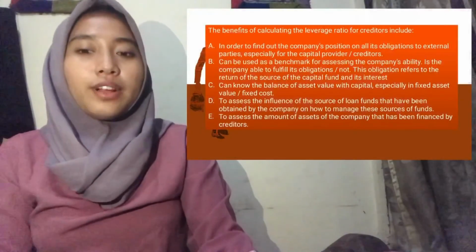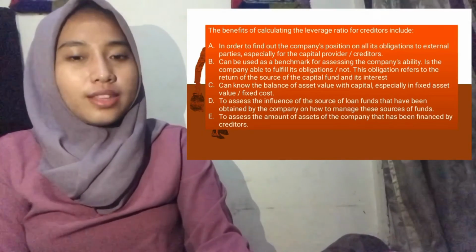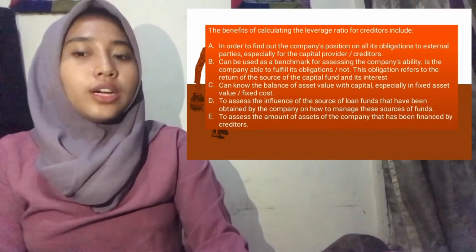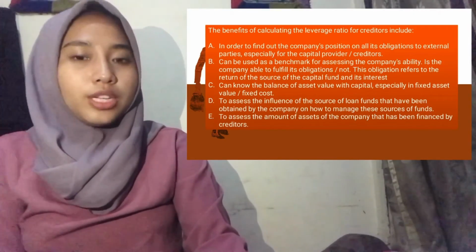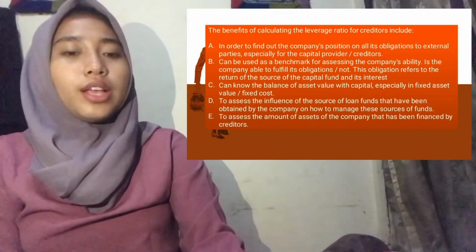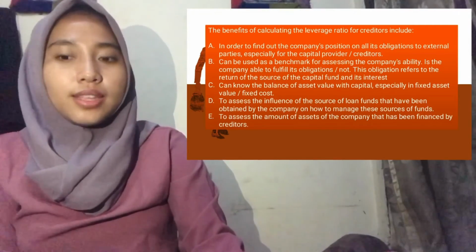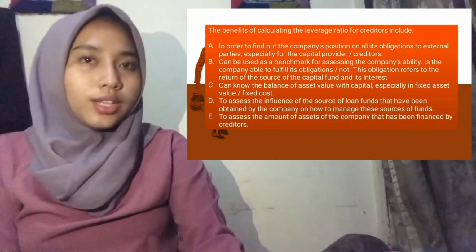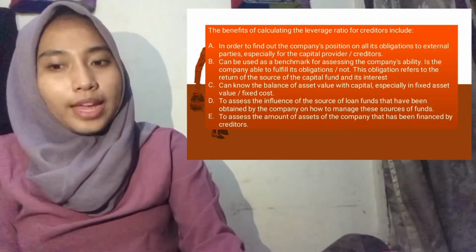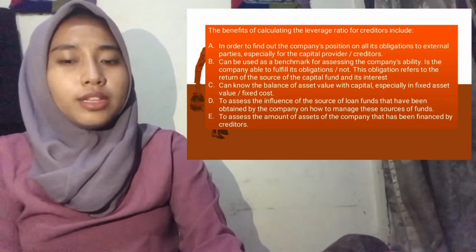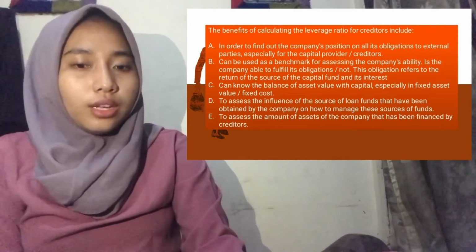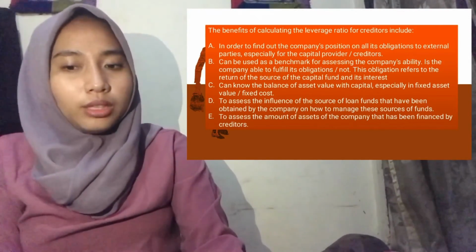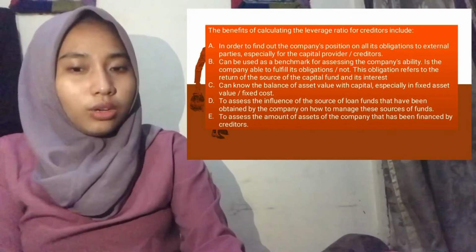The benefits of calculating the leverage ratio for creditors include: 1. To find out the company's position on all its obligations to external parties, especially the capital providers or creditors. Number 2. Can be used as a benchmark for assessing whether the company is able to fulfill its obligations or not.